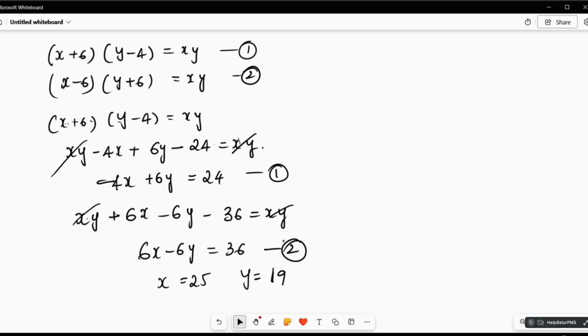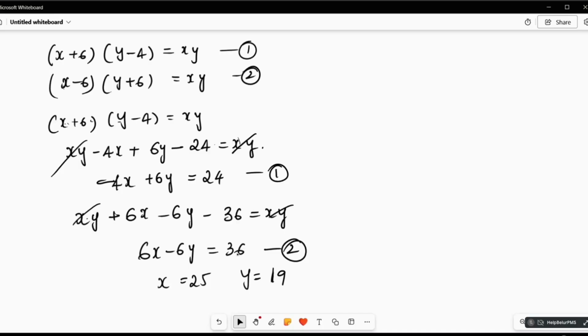No, here the answer is different. Equation is the same, check it again. Only 6x minus 6y is 36. First one, 2x minus 3y. Yes, the equation is correct.